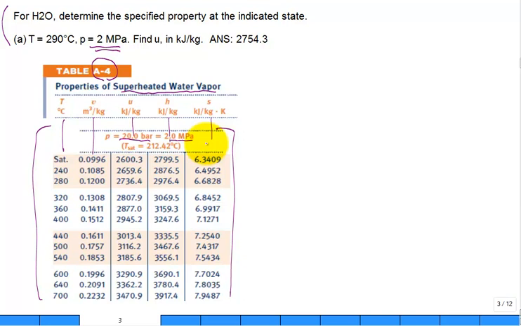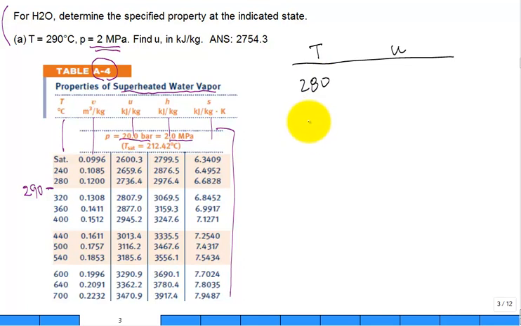And we take a look, and we're trying to find it at 290. So we march down and we find the temperature of 290 is not a line in our table, and so we have to interpolate to find the U. What I like to do is construct a mini table, a small table. Here's temperature, and our property of interest is U. The lowest value in the table is 280, and the higher value around our value of interest is 320.